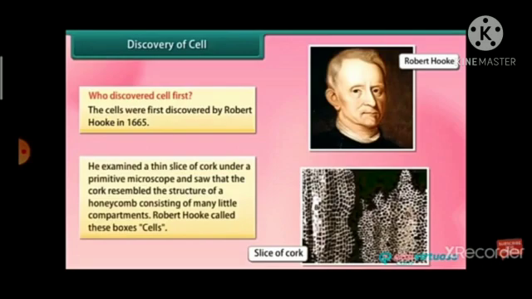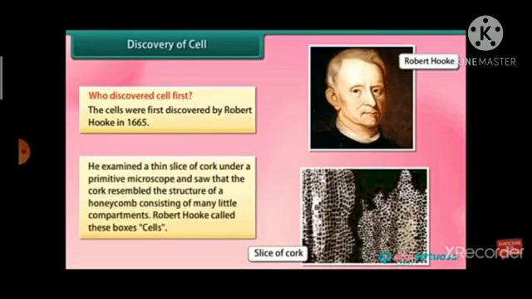The great scientist Robert Hooke in 1665 discovered the cell. Robert Hooke observed a thin section of cork under a microscope. In this section, he saw hexagonal compartments like those of honeybees. He named those compartments cells.